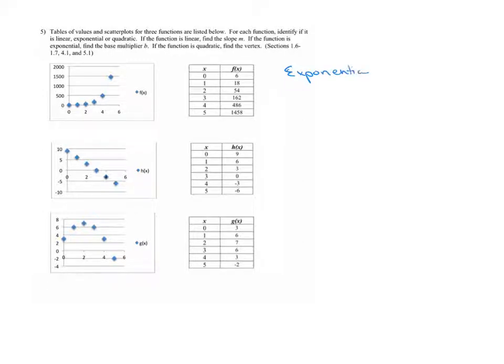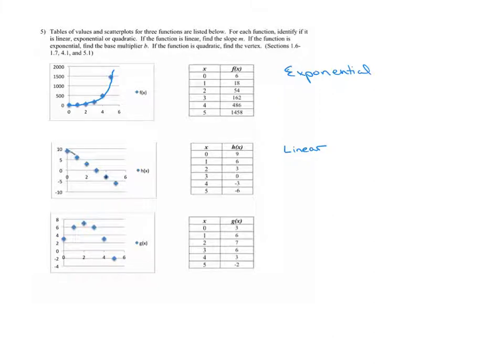Notice that it levels out on the bottom before going up really quickly. That's our basic exponential shape. If we look at h of x, it is linear.